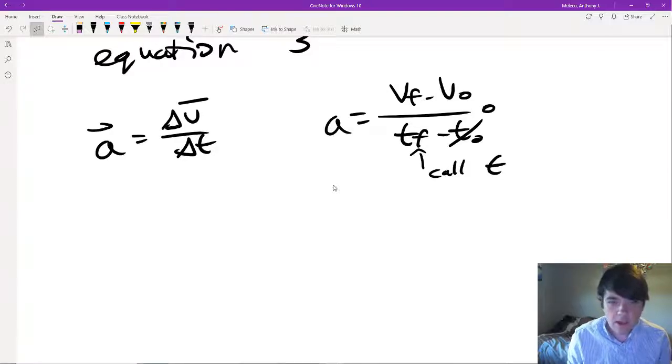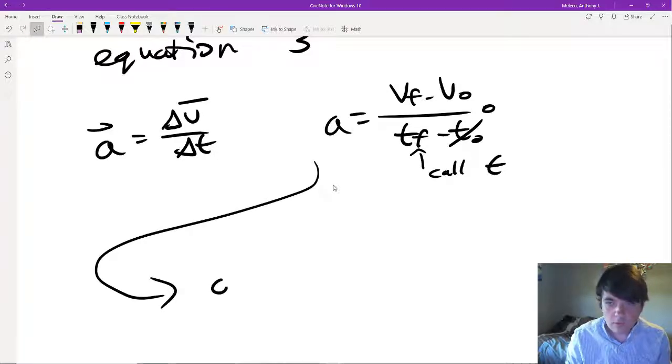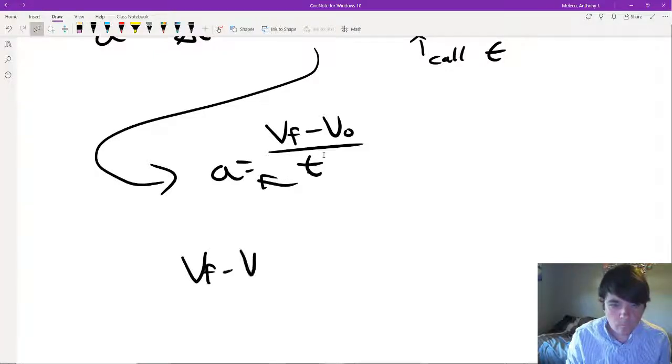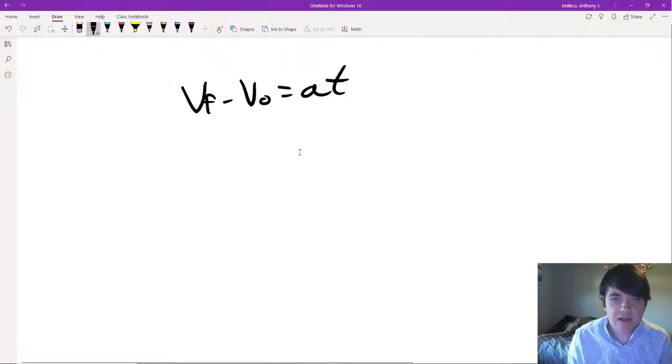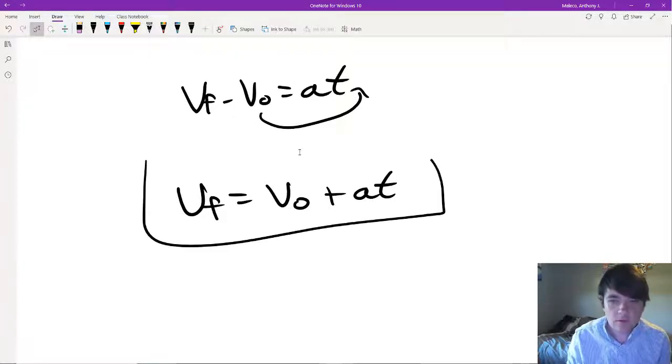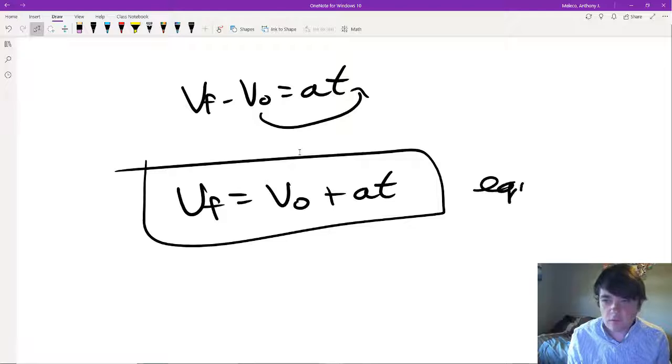And so we get a equals v final minus v initial over t. Then if you multiply this over, and then we just need to add that over, so v final equals v initial plus at. And this is equation 3.